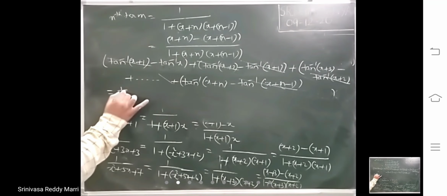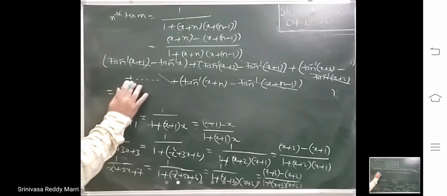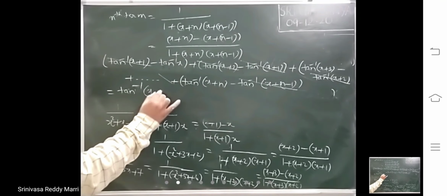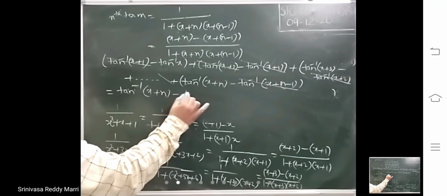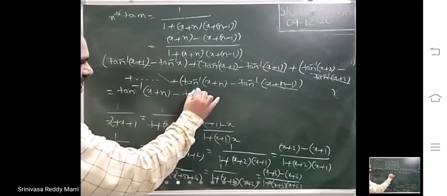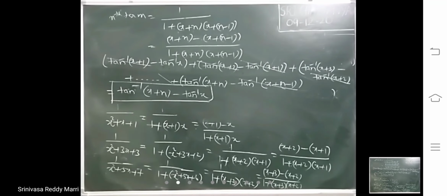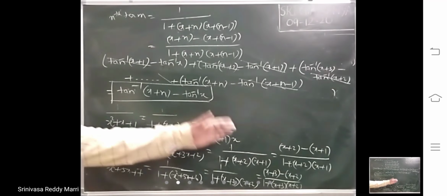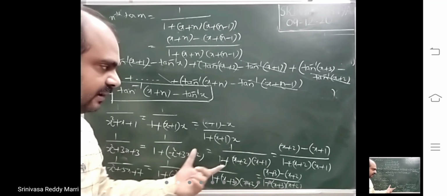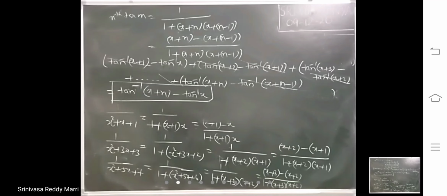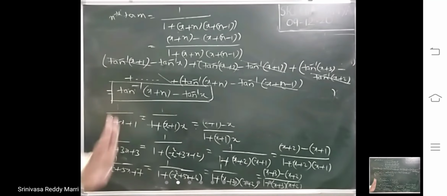That means this series is nothing but tan inverse (x plus n) minus tan inverse x. This formula, if you remember, doing problems of similar model will be very easy. If anything is given, this is the logic: tan inverse of x minus y divided by 1 plus xy. Like that series, if you sum, everything will get cancelled, and these two terms will be remaining.